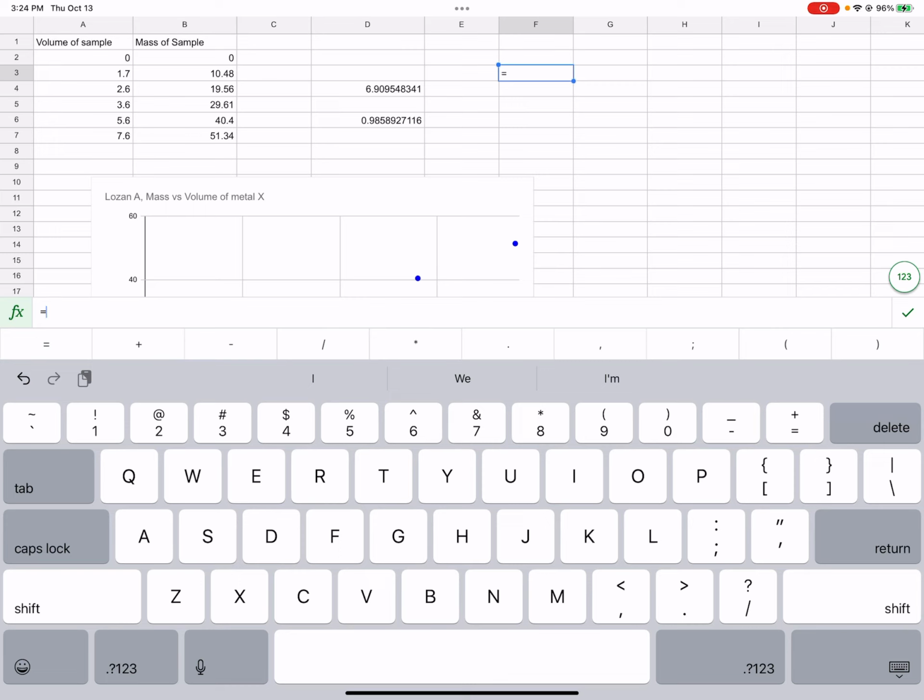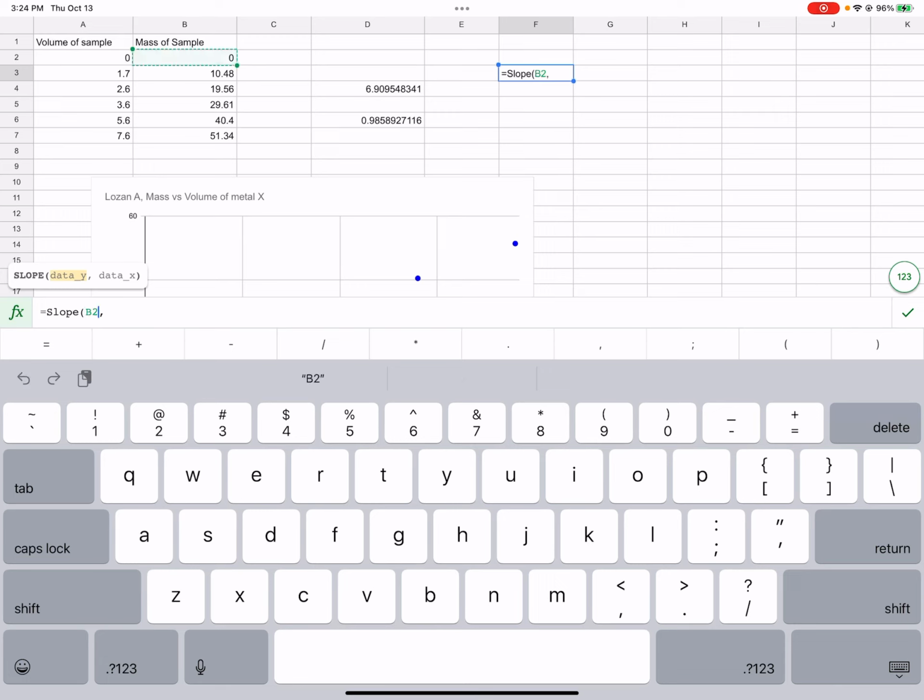Only the numbers, right? So I'm highlighting these. I can either type in B2 colon B7 comma, or I can do what I just did, which was highlight it. Now I click over to the other side of the comma, and it's asking what your X values are, and I will just highlight my X values there.